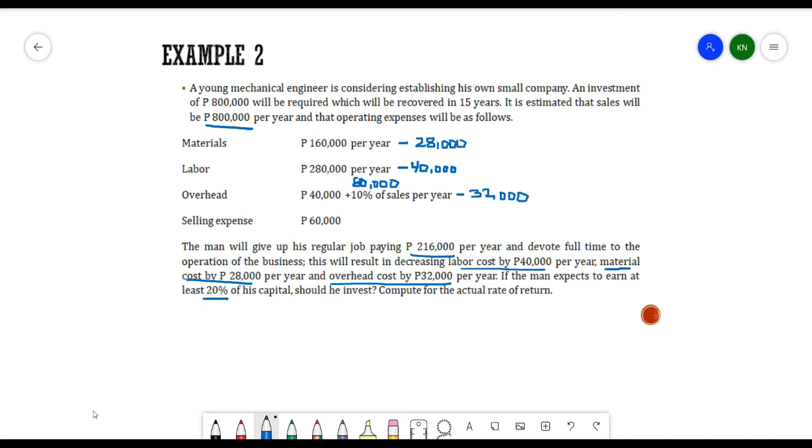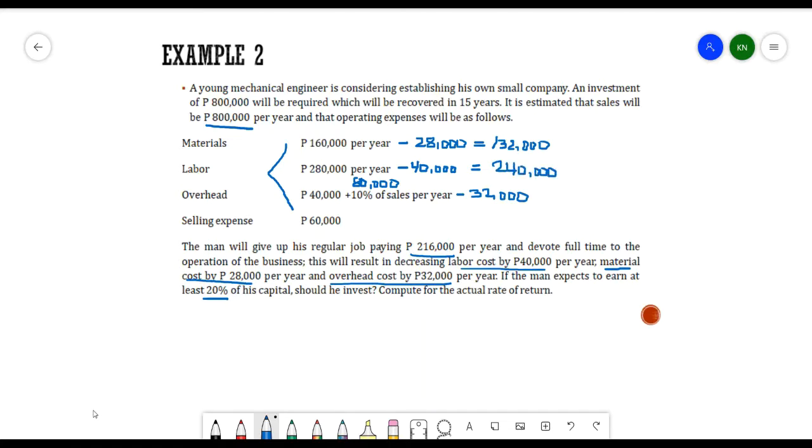So from here, we already identified the AC or the annual cost that we have. The materials, now deducted by 28,000 pesos, will be equivalent to 132,000 pesos. And the labor cost will now be reduced to 240,000 pesos.